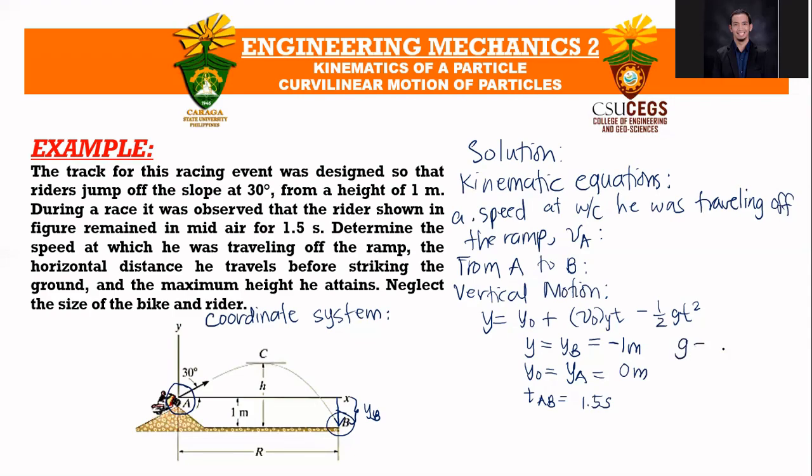For the gravity, since this is an SI unit, ang gamiton nato is 9.81 meters per second squared.